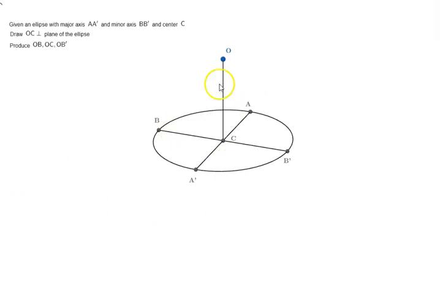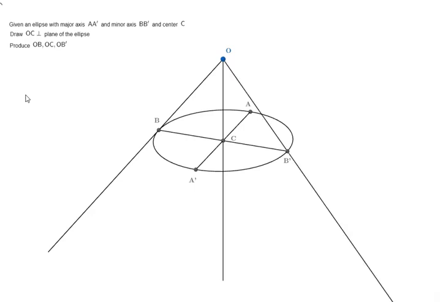Produce OB, OC and OB prime. Draw a line from B in the plane BOB prime intersecting extended OC and extended OB prime at E and D, such that BE times ED is to EO square is equal to AC square is to CO square.